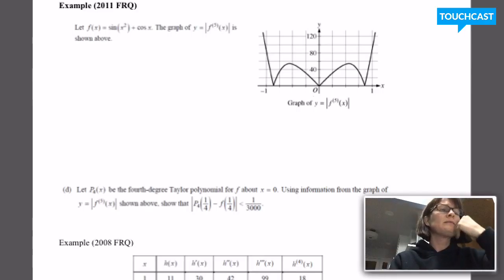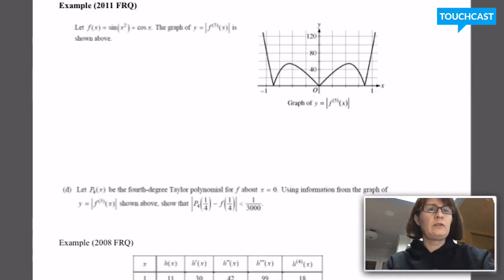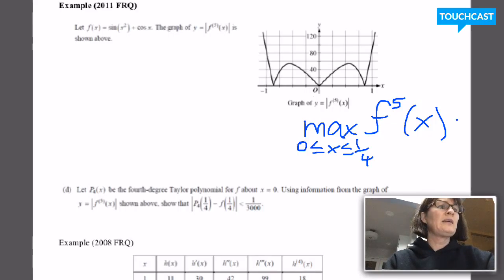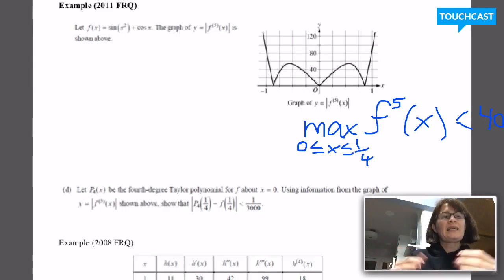I'm going to say that the maximum between 0 and 1/4 of the fifth derivative of f is definitely less than 40. If I pick a number that's a little too big, that's okay. I don't want to pick a number that's too small. That'll throw off my inequality.